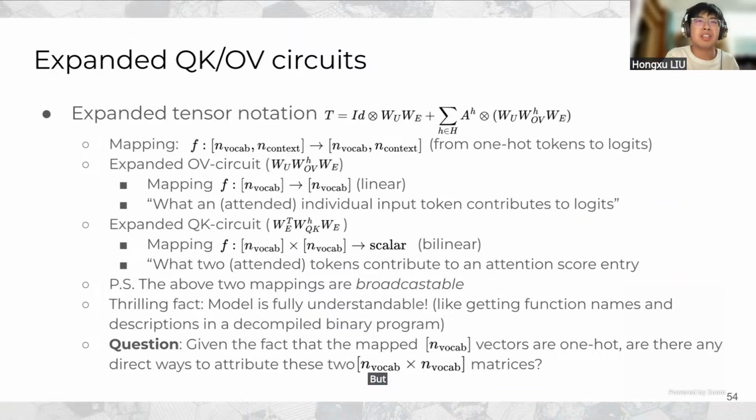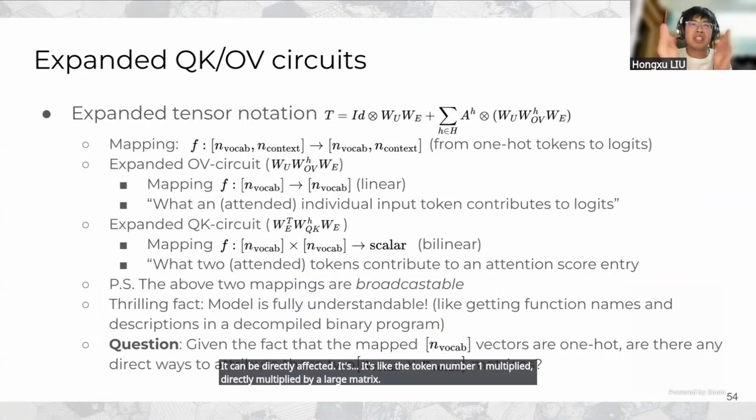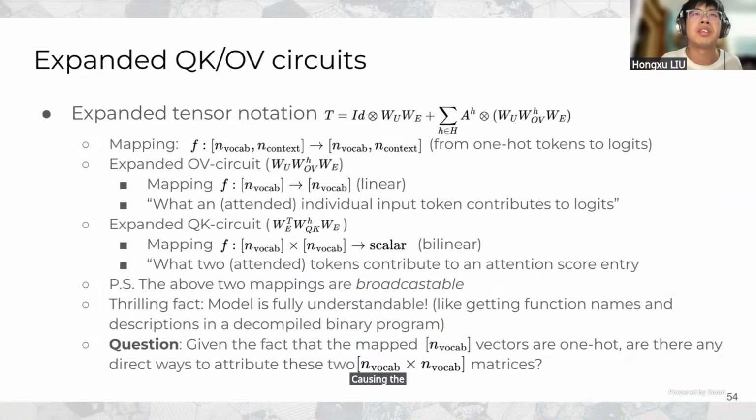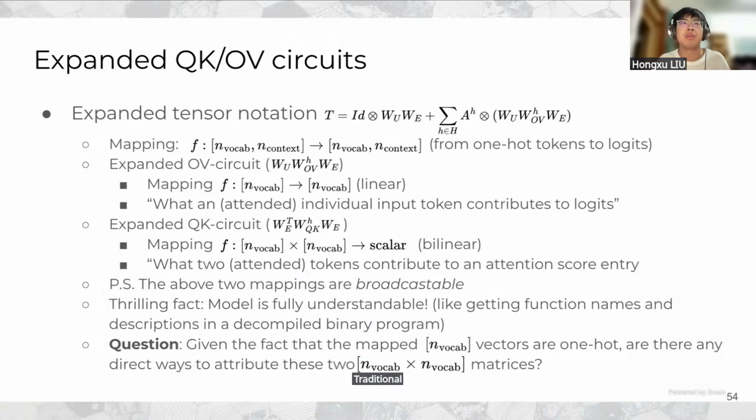But what they mean by circuit is that it can be directly affected. It's like token number 1 directly multiplied by a large matrix, causing the logit effects in token number n. Well, I see. Maybe that is something different about circuits from traditional input or feature importance attribution.